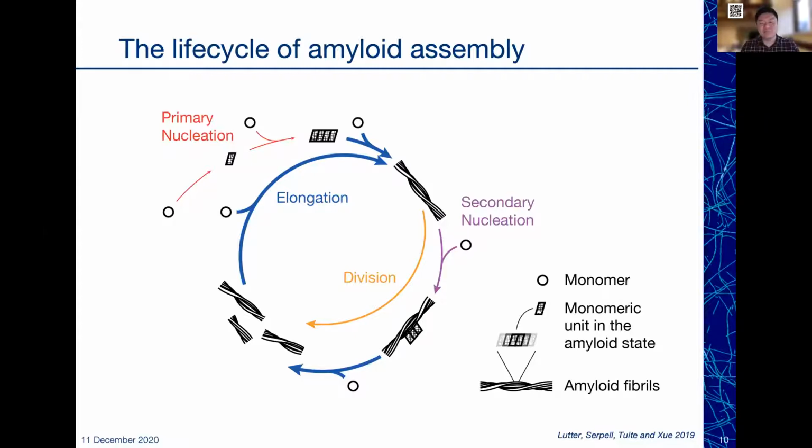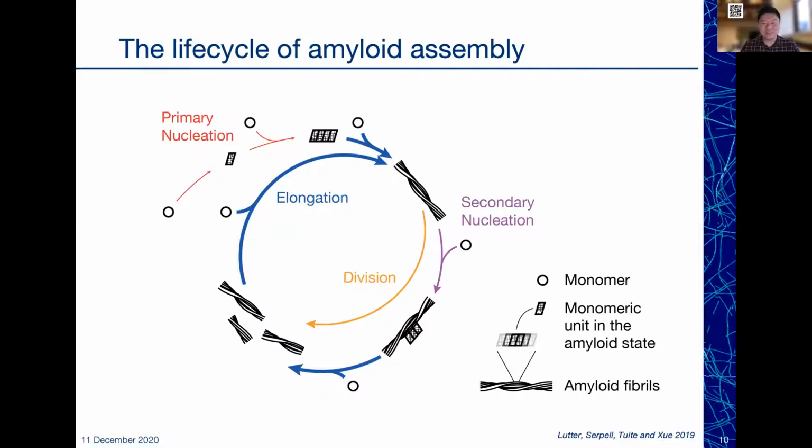This is the growth process where monomers keep growing onto the fibril ends. Then we have two processes called secondary processes. One of them is secondary nucleation. This is a heterogeneous nucleation, i.e. a nucleation process catalyzed by surfaces. In this case, it can be catalyzed by the surfaces of pre-existing aggregates, filaments.